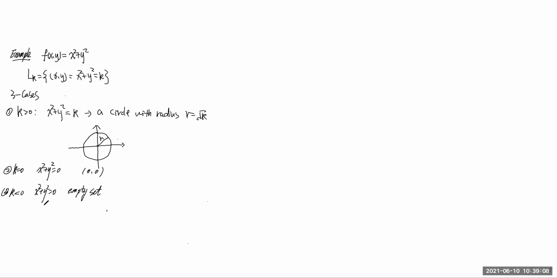Here I want to say more. First one is that, like I said, in general the level set is a curve, right? For this case, it's a curve, right? Nothing surprising. But if k is 0, is it a curve? No, it's a point.